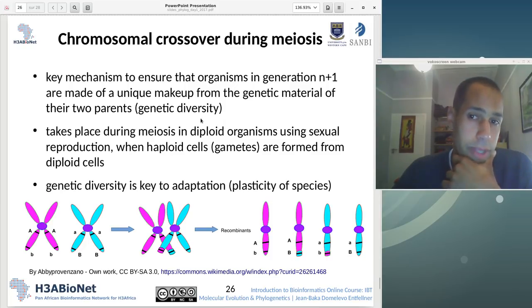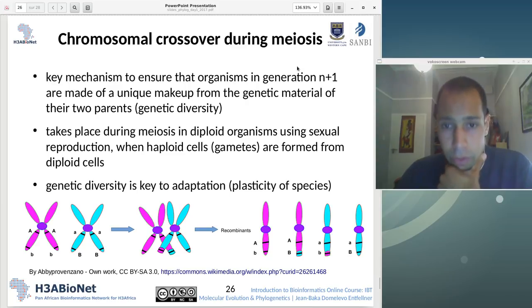So meiosis is the process by which cells, gametes that are used in sexual reproduction, are created, and these gametes contain half the amount of chromosomal content as in the other cells.